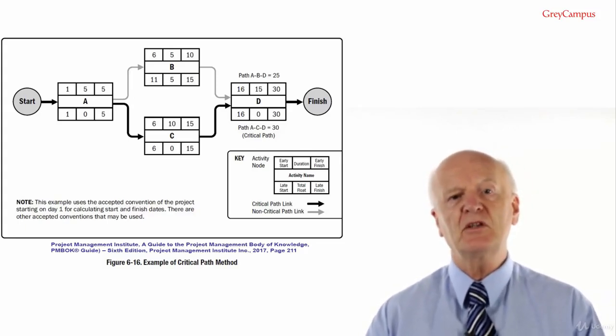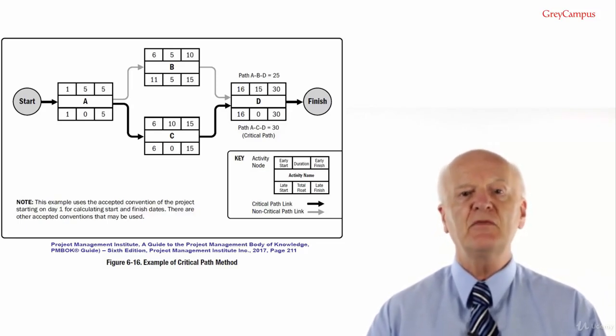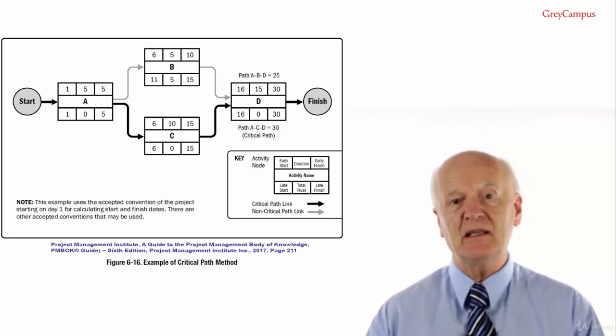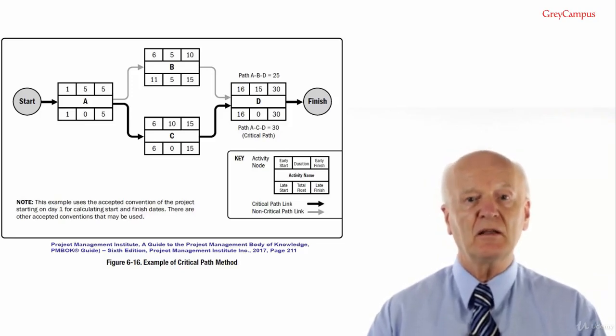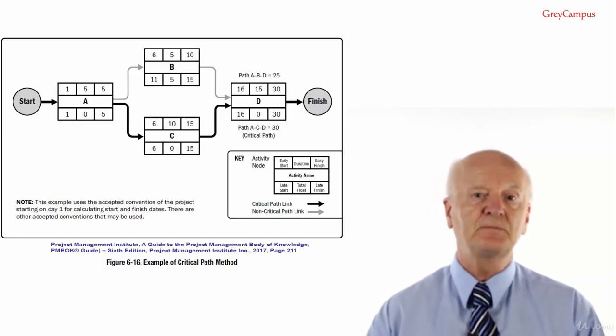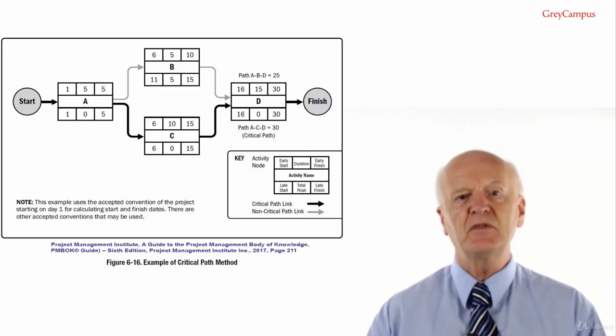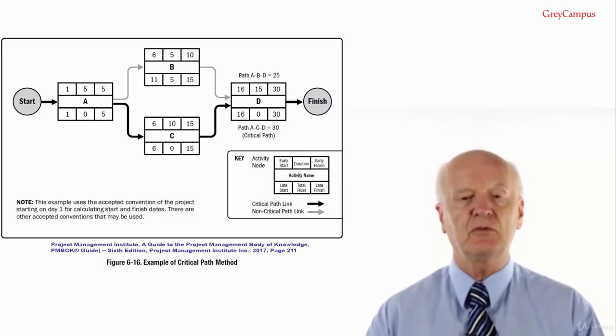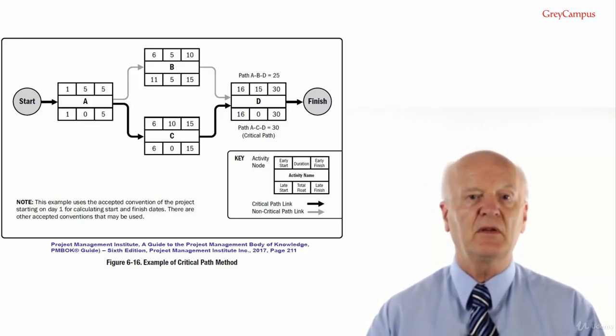On any network path, the total float or schedule flexibility is measured by the amount of time that a scheduled activity can be delayed or extended from its early start date without delaying the project finish date or violating a schedule constraint. A critical path is normally characterized by 0 total float on the critical path.